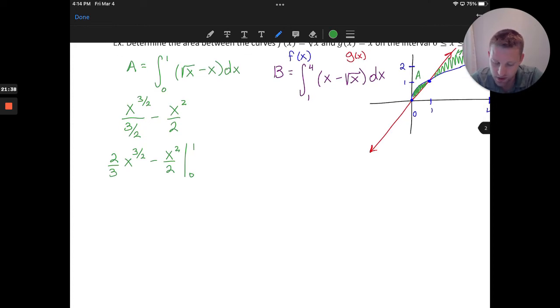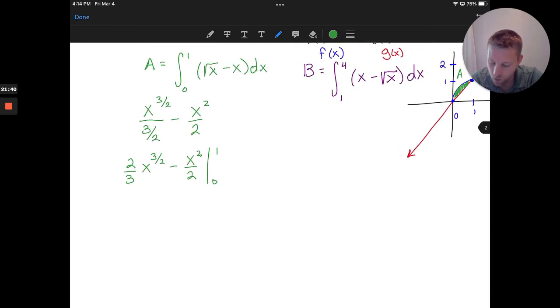So first, let's go ahead and evaluate this at 1. We'll have 2/3 times 1 to the 3/2 is just 1, minus 1 squared is just going to be 1 divided by 2, so 2/3 minus 1/2. And then if I evaluate at 0 next, we'll just have 2/3 times 0, and then minus 0 over 2, which is again still 0.